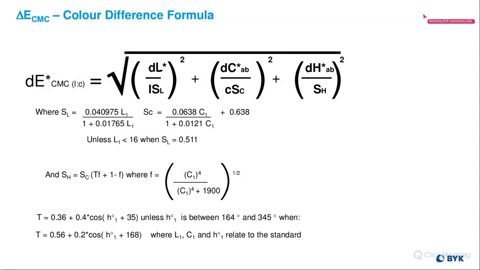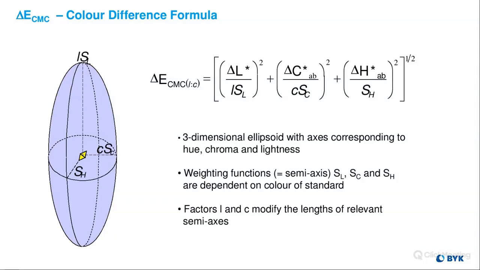In the industry, it's normally 2-to-1 for the l and the c, and that's pretty much all that you need to know about that equation. The l and the c is basically giving you the size of this ellipse. The l is going to give you the height, basically, and the c is going to give you the radius in the center part. So this is why you get an ellipse and not just a circle.